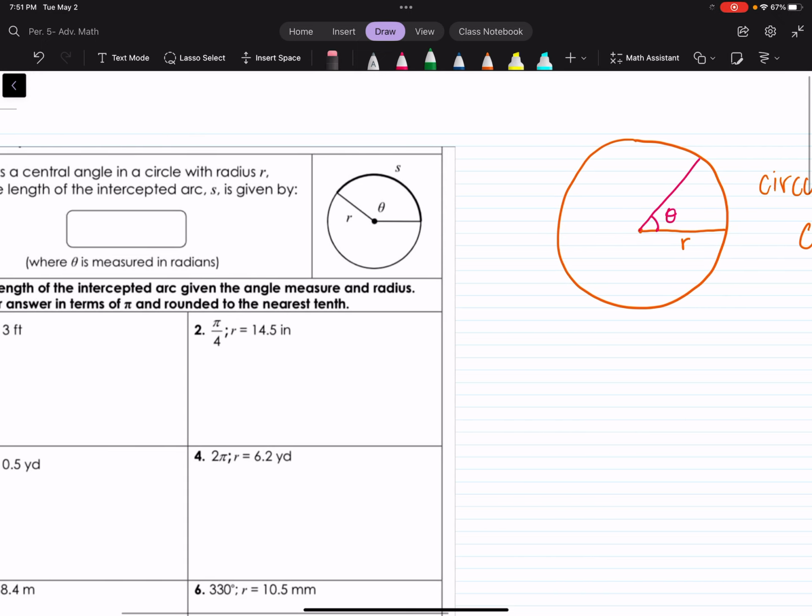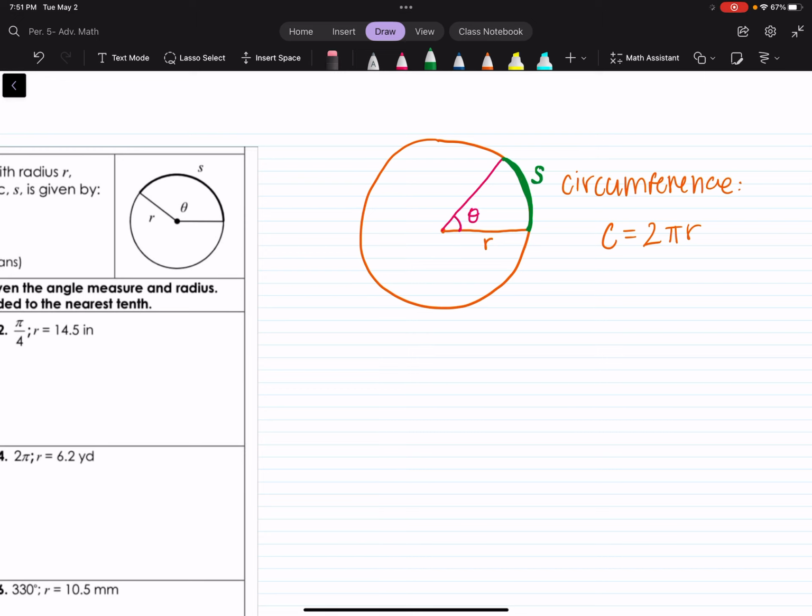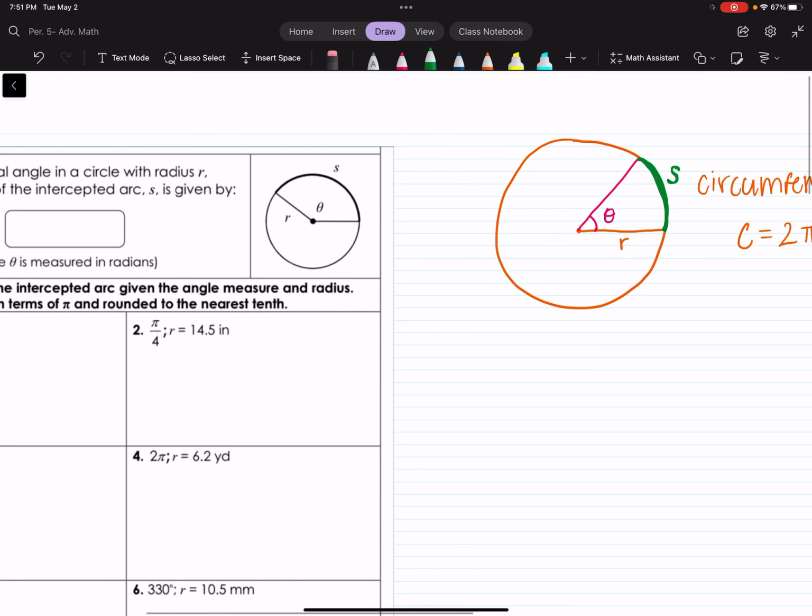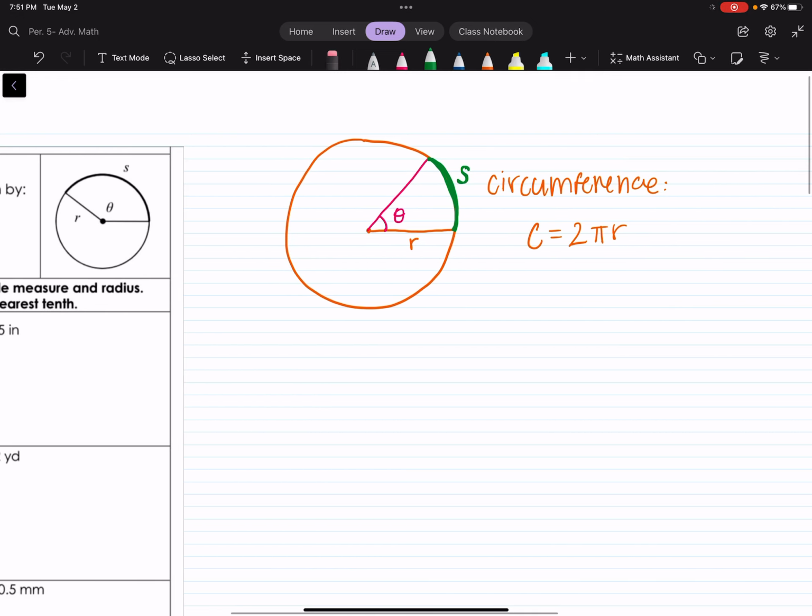The distance from here to here is the arc length that we're asked to find, and we're going to call it S, because that's the letter they typically use when talking about arc length. So how do we come up with just that part?